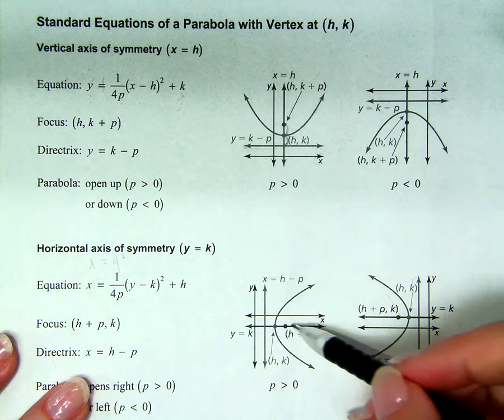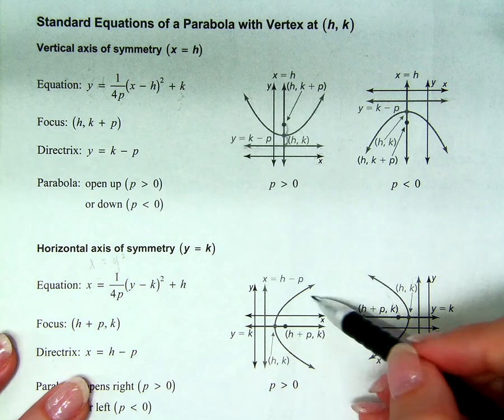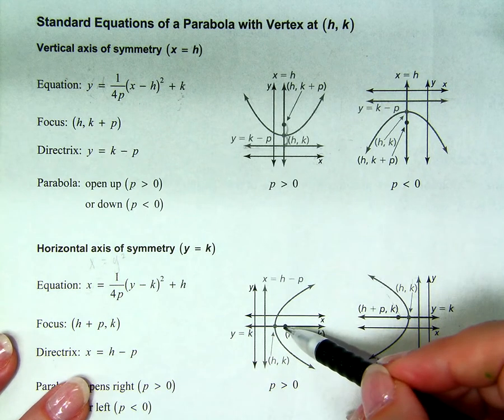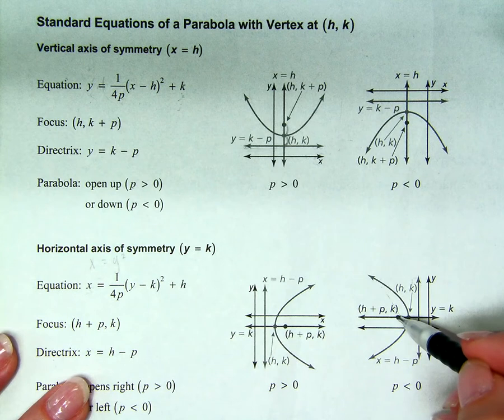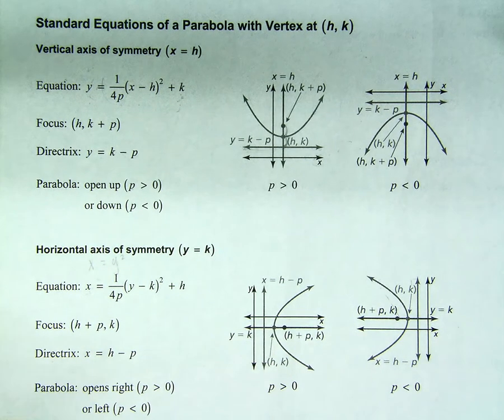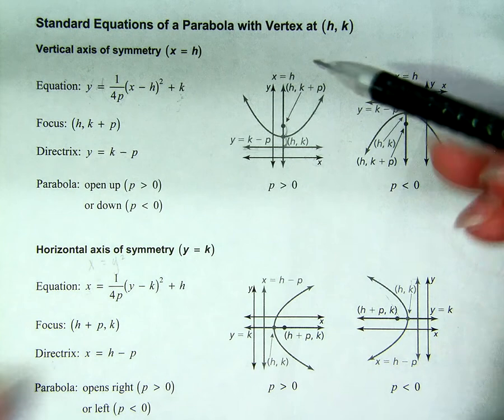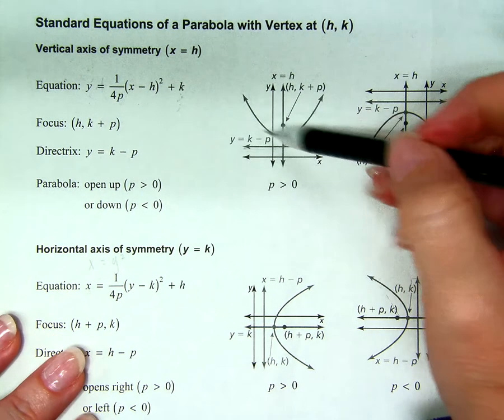It's inside. See, even right here, here's the parabola and here's the focus. Here's the parabola and here's the focus. It's inside. I'd like to be able to say that the parabola surrounds the focus, except it doesn't completely surround it, right? That would be a circle or an oval or something like that. But do you see what I mean when I say it kind of surrounds the focus?